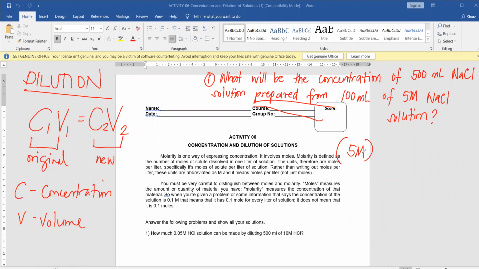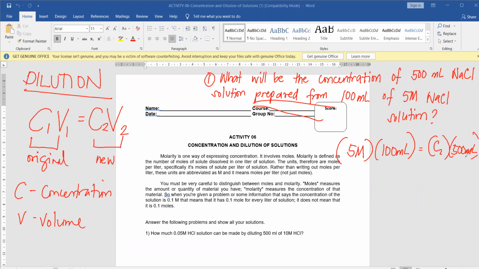That's the C1. And then the volume number 1, syempre yung kasama niya, that is 100 ml. Now, equals C2V2. Ano ang hinahanap? Concentration. So this is question mark or what is asked in the problem. And then the given, another given, the new volume is 500 ml. Galing sa 100 ml, naging 500 ml na siya.